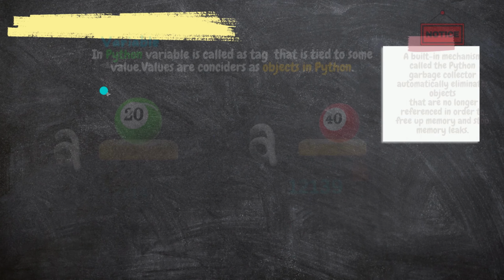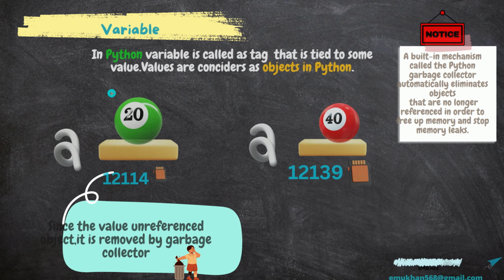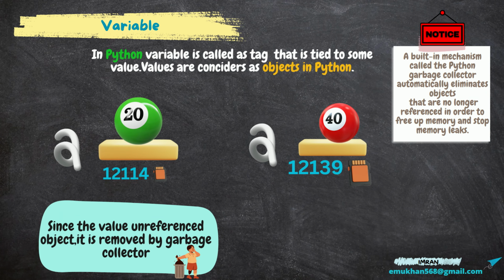So there is a concept of a garbage value. What is it? If you have written a variable like a with the value, suppose, 20, and afterward you write the same variable name with a different value, then the latest one will be considered as the variable value.